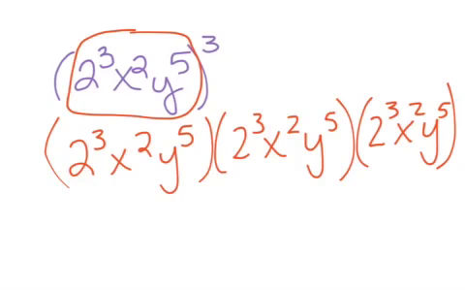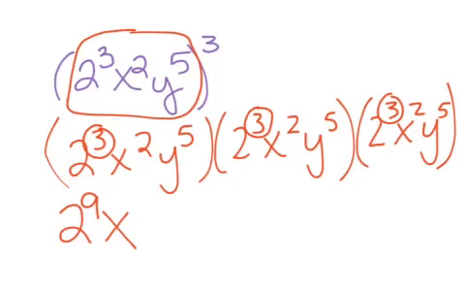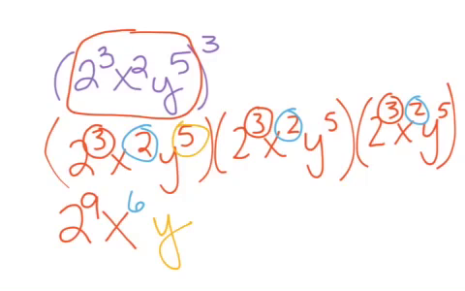And of course, if you write it out the long way, then you add your exponents. 3 plus 3 plus 3 is 2 to the 9th power. My base of x, I'm going to add 2, 2, and 2, x to the 6th power. And y, 5 plus 5 is 10, so y to the, oops, I forgot another one, y to the 15th power.